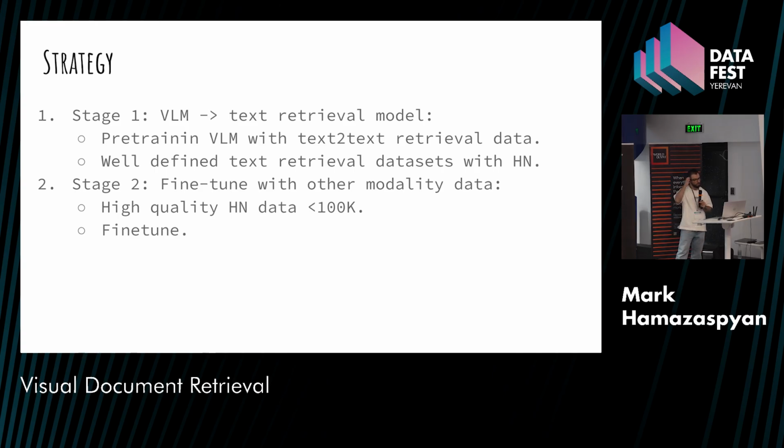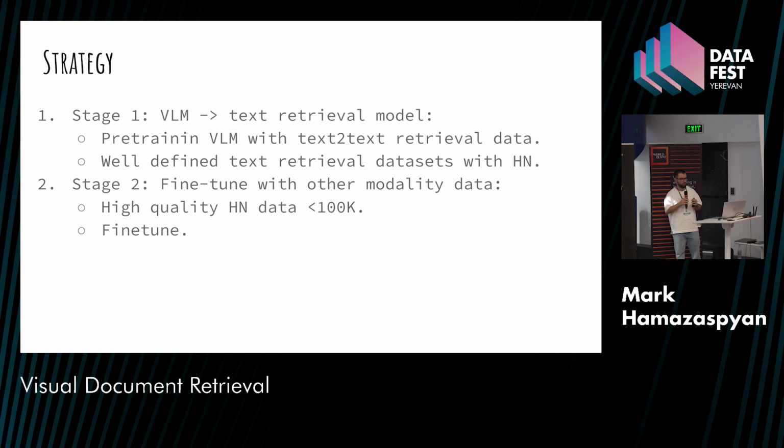And later, for stage 2, we can create and get a small sample of any modality we want. So instead of 10 million or 1.5 million samples, we can gather just 100,000 high-quality hard negative data and fine-tune the stage 1 model with this modality.